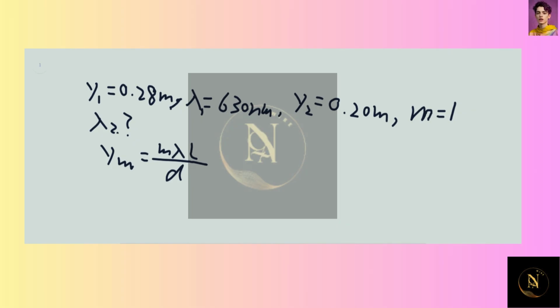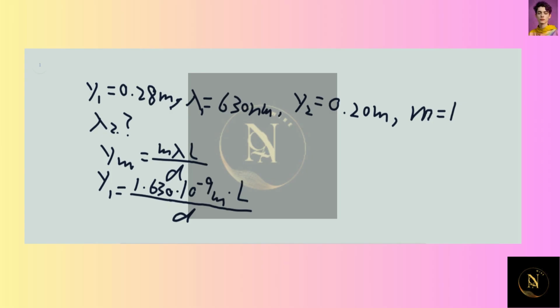Okay, so this equation will give us y1, which is equal to 1 times 630 times 10 to the negative 9 meters, because 1 nanometer is 10 to the power of negative 9 meters, and then times L, which we don't know, over d.